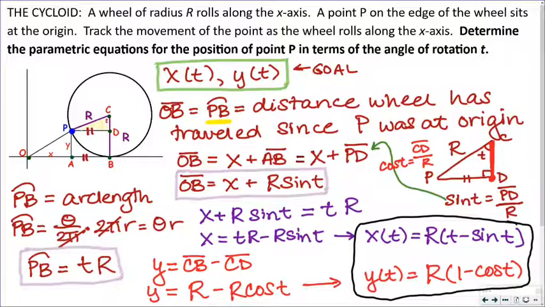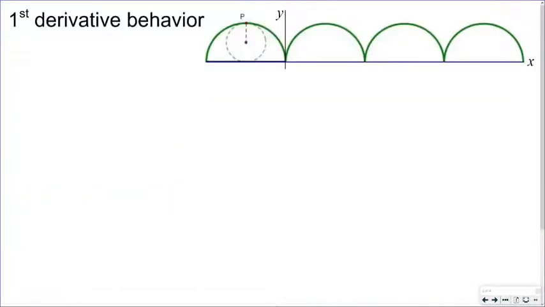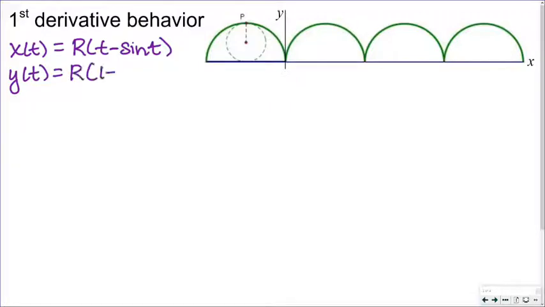So how can I confirm that those equations actually give me the cycloid? Let's look at first derivative behavior. So let me write them up here. X of t is... okay.